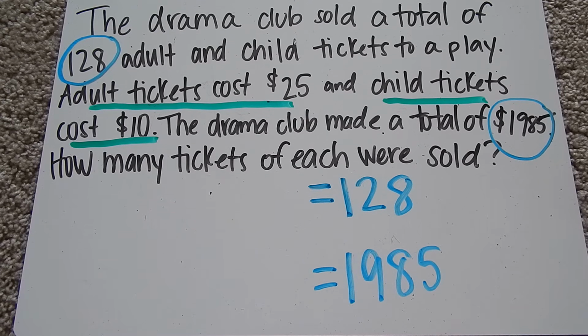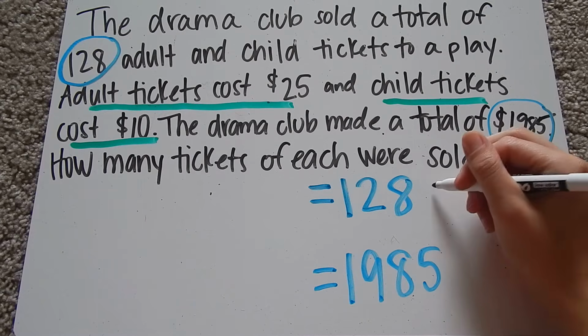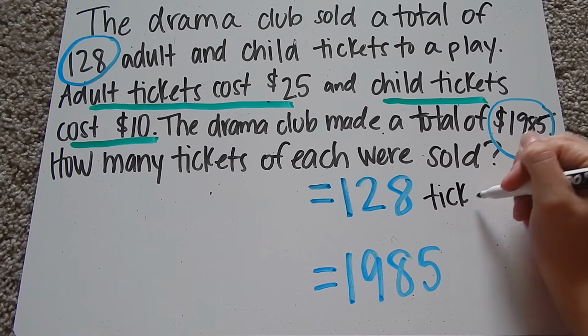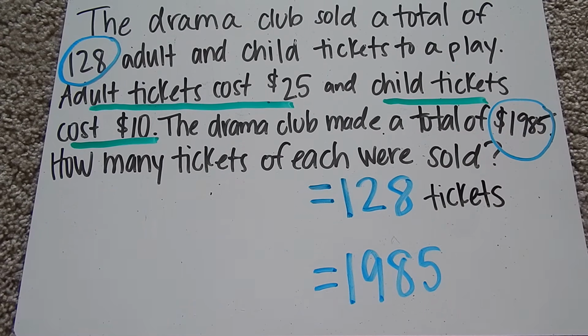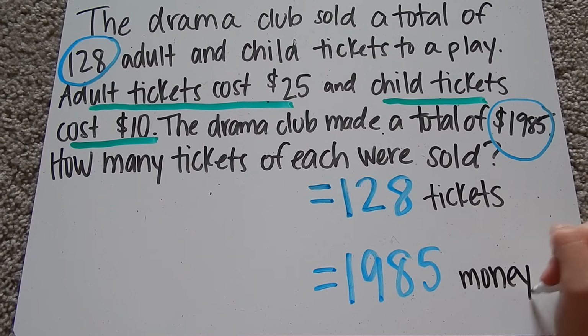So these are my totals. It's important to write down what these totals are of. So my 128, that's a total of tickets. So I'm going to write tickets here to remind myself. 1985 is a total of money or dollars.